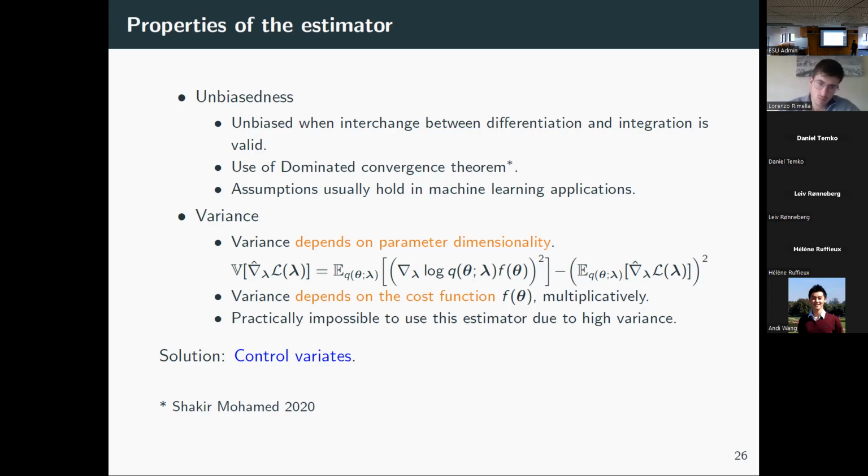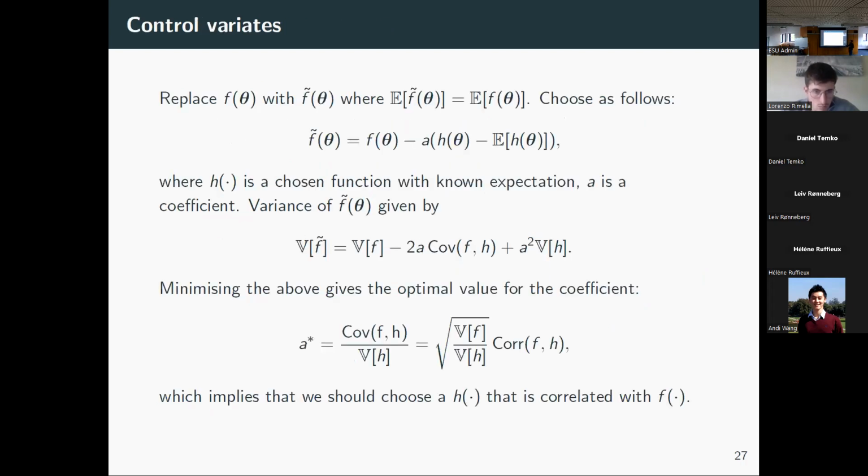I'll just briefly touch upon the standard technique, which is control variates. Most of you must know what control variates are. Basically, you replace your original function of interest with this other function, and it's an unbiased estimate. If you now write down the variance, it turns out you have an expression with a reduced variance for this control variate based estimator.